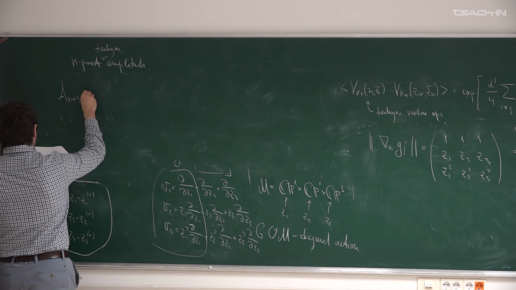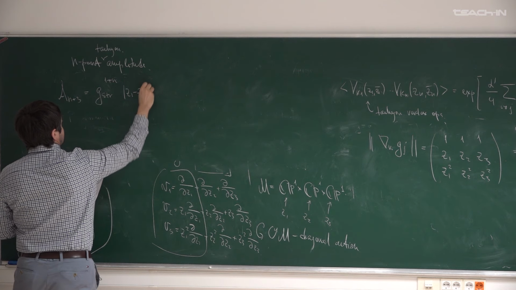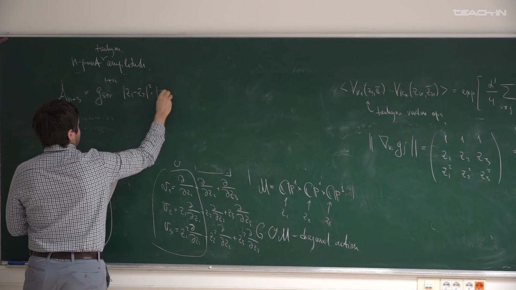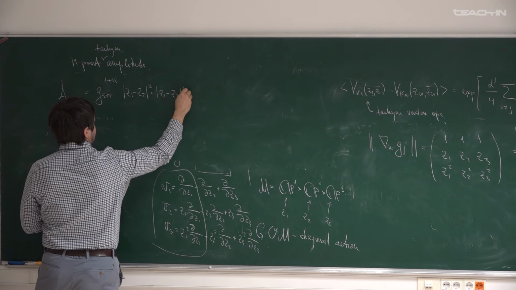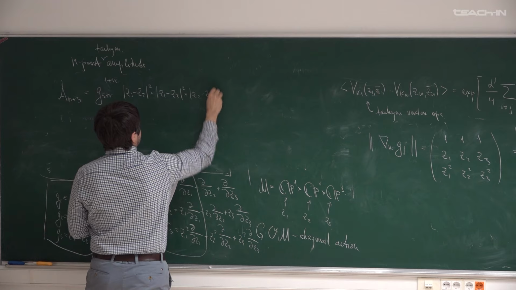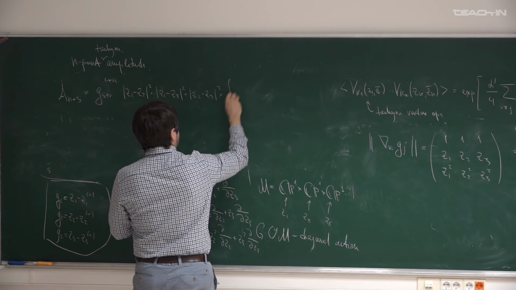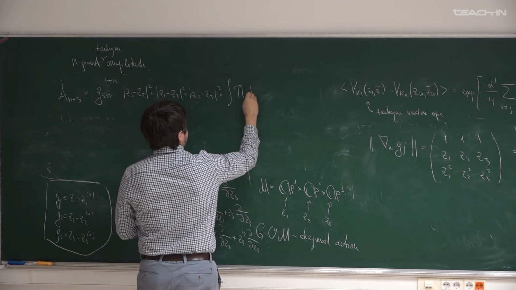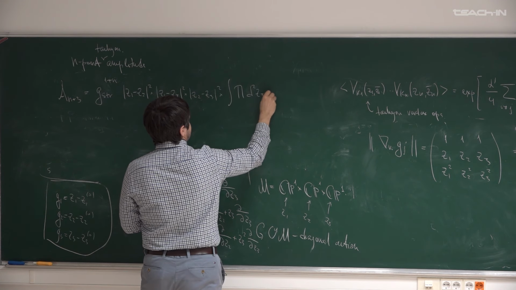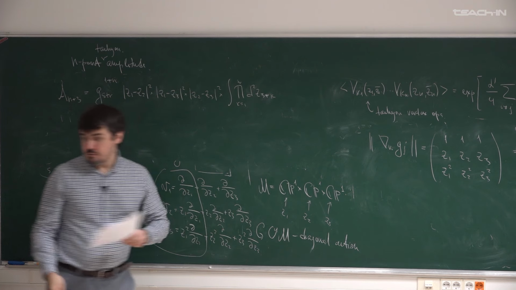So this is g string to the power 1 plus n, modulus z1 minus z2 squared, times modulus z1 minus z3 squared, times modulus z2 minus z3 squared, times the integral over the remaining points, 3 plus k, k from 1 to n.